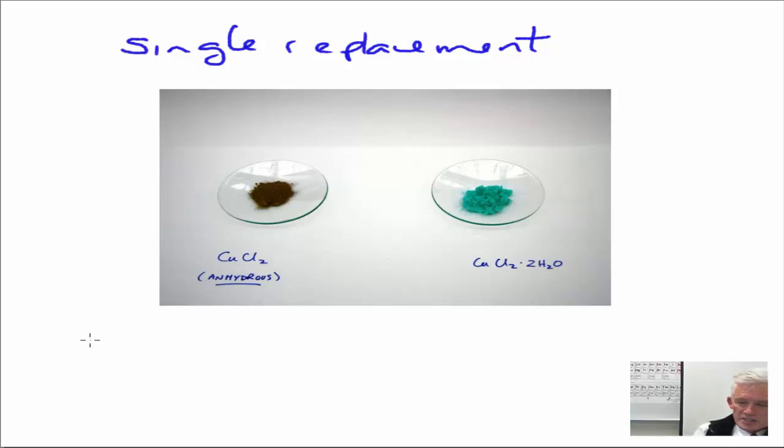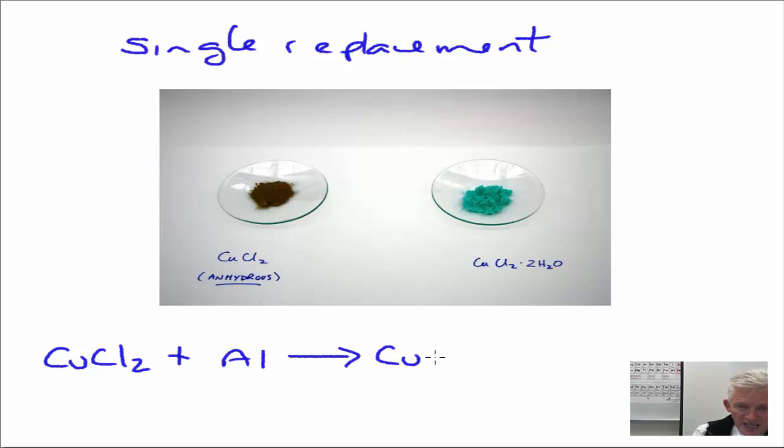So the reaction that you're actually doing here is copper chloride, CuCl2, copper 2 chloride, and then you're adding aluminum metal, and we just draw an arrow, which means gives copper. And now this is metallic copper. It won't look like the metallic copper of a penny because it's unrefined, but this is in fact atomic copper.